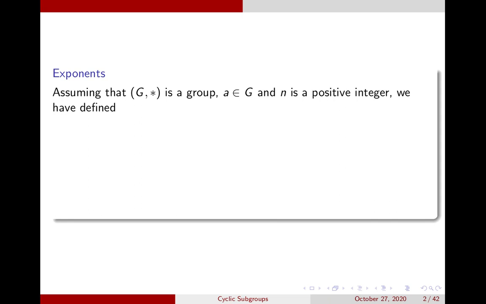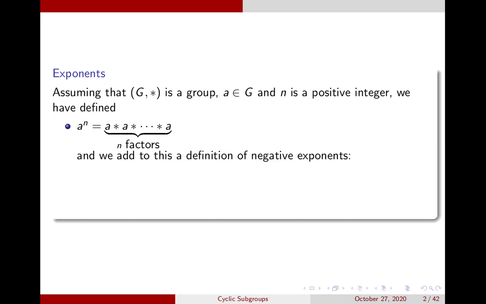So suppose we have a group and an element a of the group, and n is a positive integer. We know what a to the n means in the group. It means that you use the group operation to combine n factors of a. It's fairly easy to extend this to negative exponents for elements of a group.